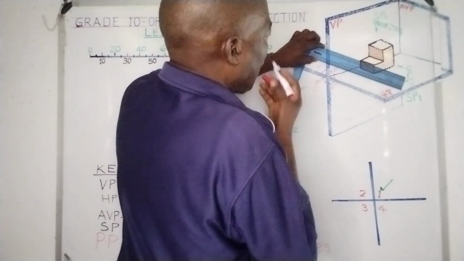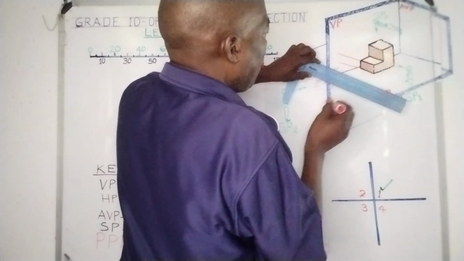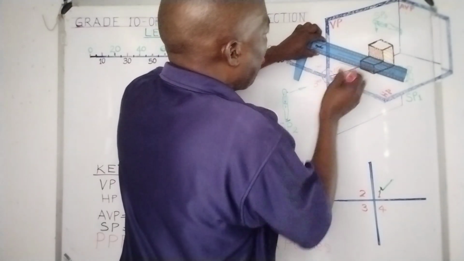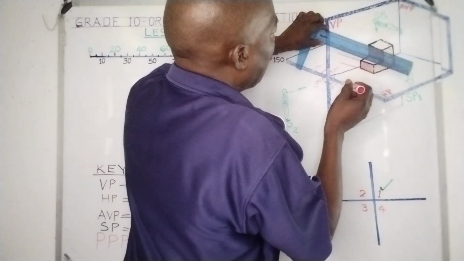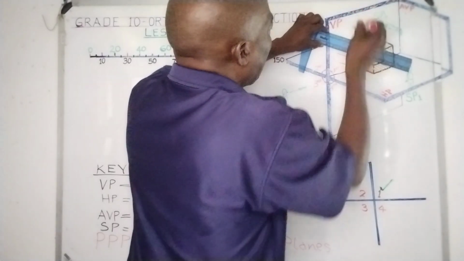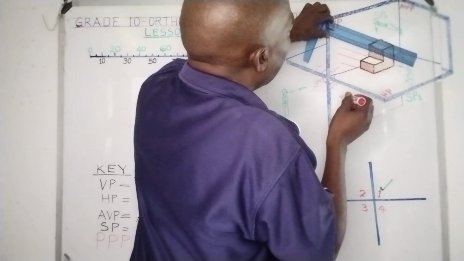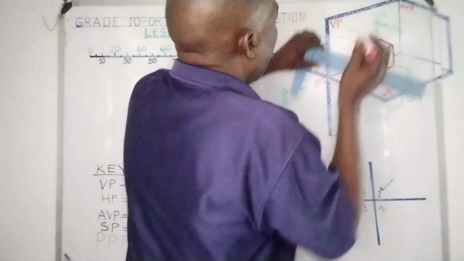Right, like that. And then this corner as well. Right. So after that now, we are going to see the shape of that shadow.